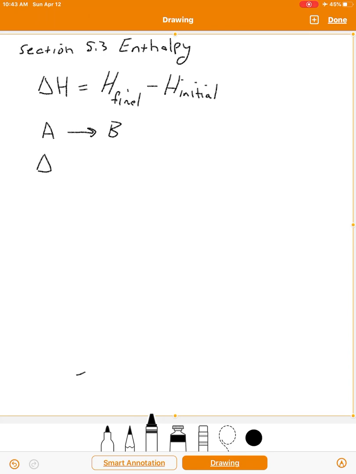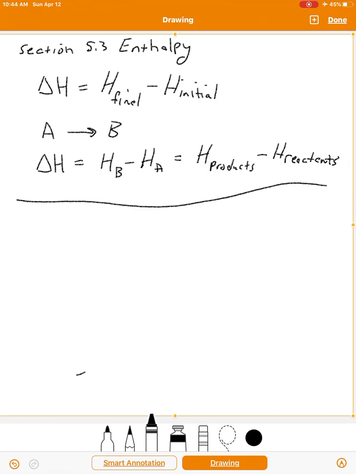The change in enthalpy for a chemical reaction would be the enthalpy of the products minus the enthalpy of the reactants. So I'll be more general about that. H products minus H reactants. And that's useful. So changes in enthalpy is what we're going to look at. So for example, let me give you a couple of examples of enthalpy changes. They can actually be physical or chemical, but here's an example of a physical process. It's a physical change.